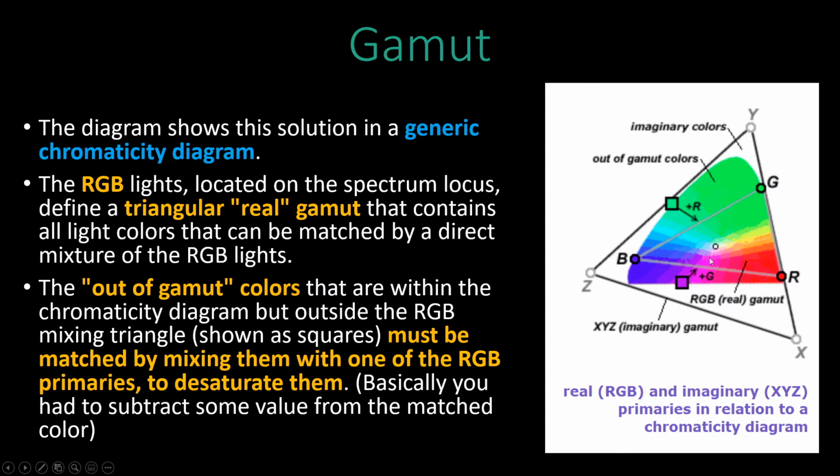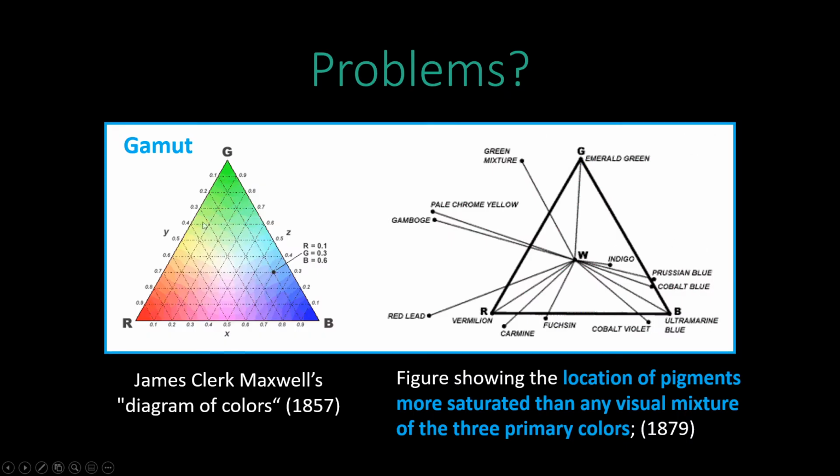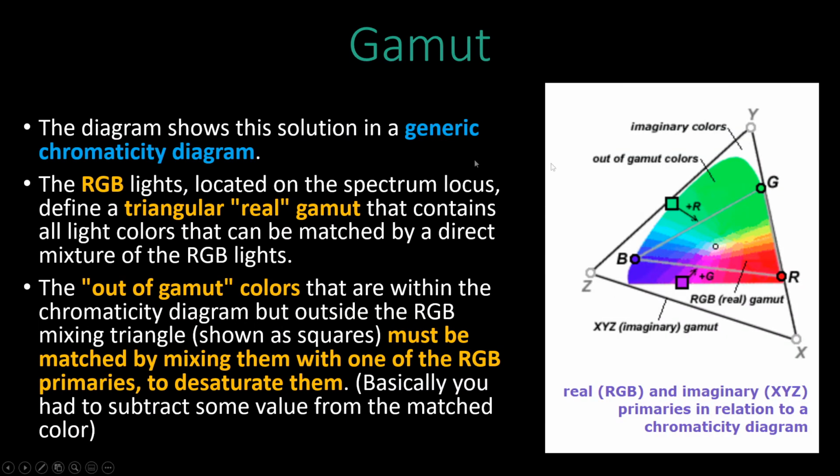This diagram here is the same as this diagram here, only reprojected a little differently. The problem lies in the colors outside of the 3 primaries that we chose initially. As a side note, in theory, we could have chosen any other 3 primaries. We could have chosen yellow, green, and pinkish, and then we would be combining the colors inside that triangle instead. But they chose these 3 from some previous theories.